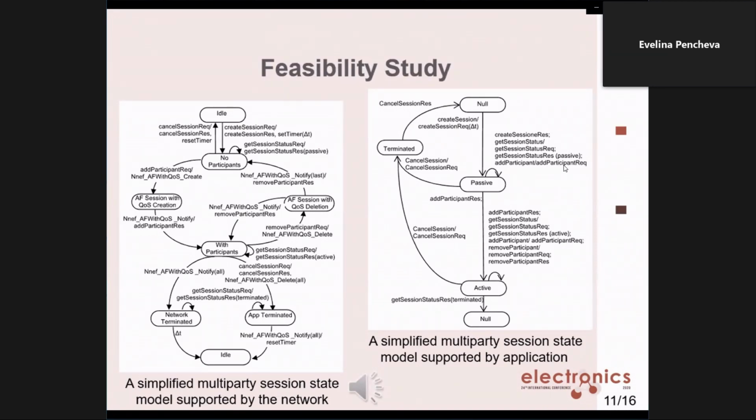The figure on the left shows the simplified multi-party session state model as seen from the network point of view, and the figure on the right shows the simplified model as seen from a mobile edge application. Both models are formally described, and it is proved that they expose equivalent behavior using the concept of weak bisimulation.